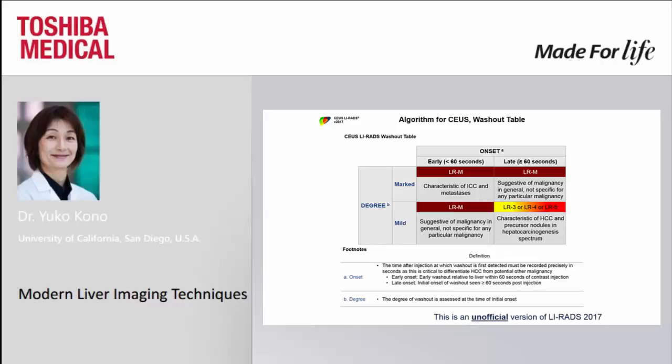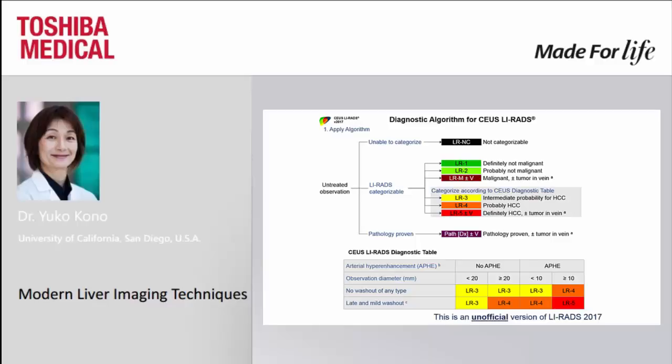So just look at this briefly, the table. So we look at the arterial phase enhancement. There's enhancement or no enhancement. We look at the size, and then we look at the washout. And I will explain to you in the next slide how we define washout on the contrast ultrasound. But to qualify as LI-RADS 5, it has to have arterial phase hyperenhancement, has to be greater than 10 millimeters in size, and late and mild washout.